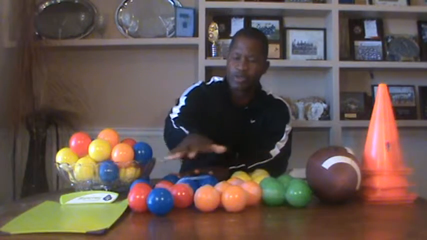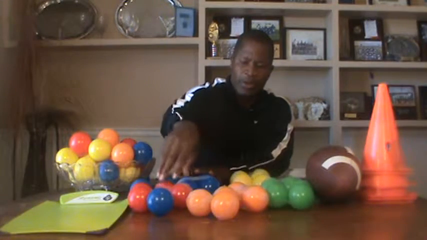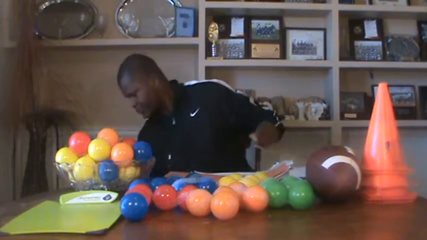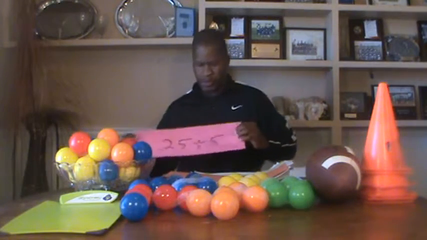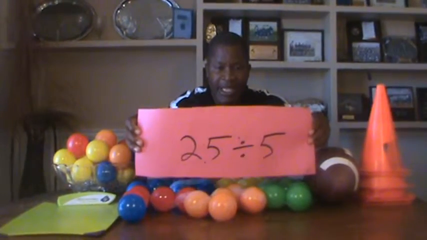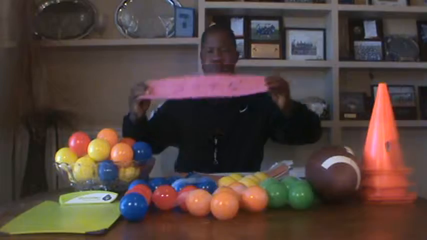This is 25 balls out here. That's 1 group of 5, 2 groups of 5, 3 groups of 5, 4 groups of 5, 5 groups of 5. So the answer here is: 25 divided by 5 is 5.